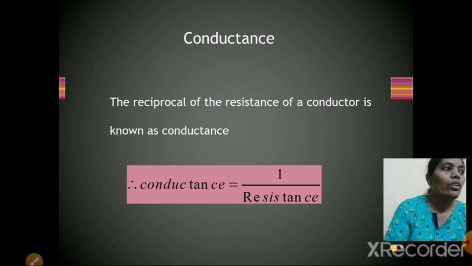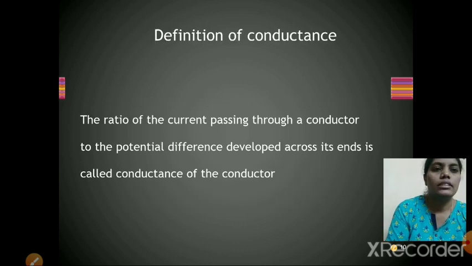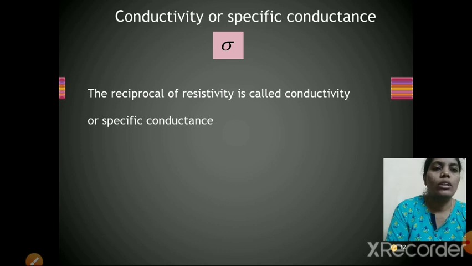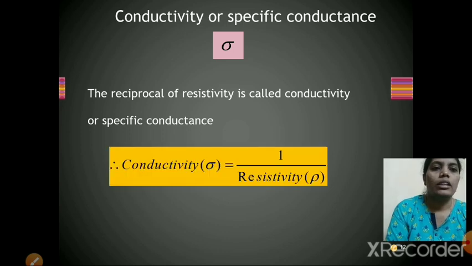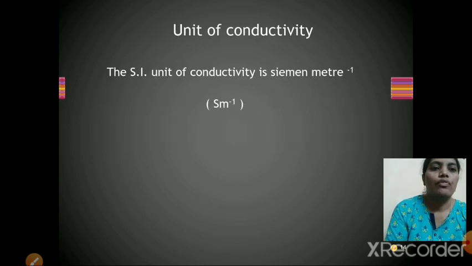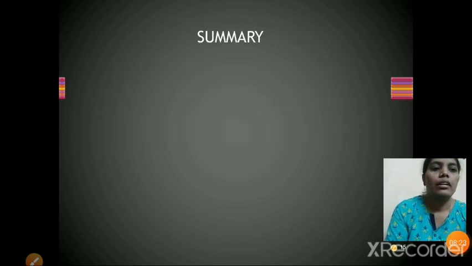The reciprocal of resistance is conductance. The unit of conductance is ohm inverse or Siemens. The reciprocal of resistivity is conductivity. The unit for this is Siemens per meter.